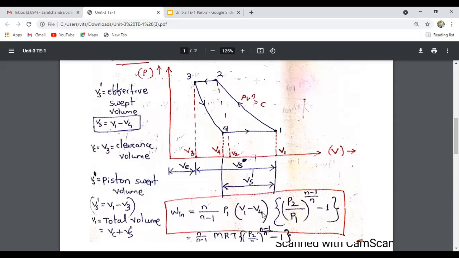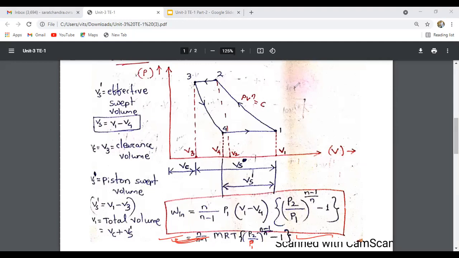These two formulas are there, but mostly we use the second formula while solving problems. This temperature formula we will mostly use. So while doing the problem, I will use this formula, then you will get to know its use.